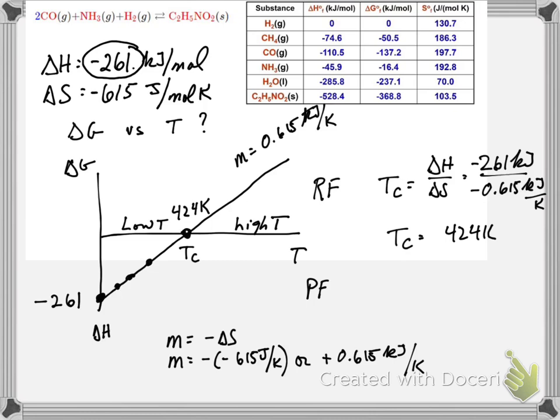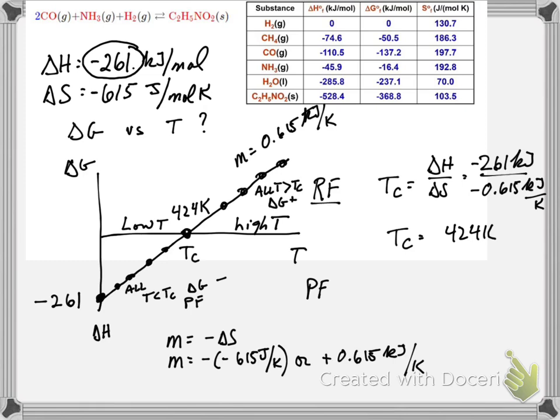At any temperature, delta G is going to lie along this line, and for low temperatures all of those delta G values are negative, so they are product favored. Any temperature above 424 leads to delta G values that are positive and therefore reactant favored.